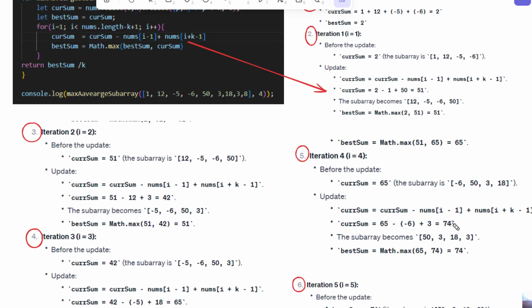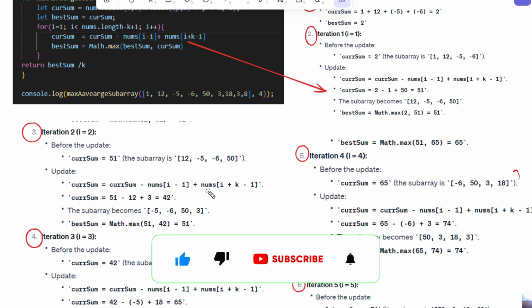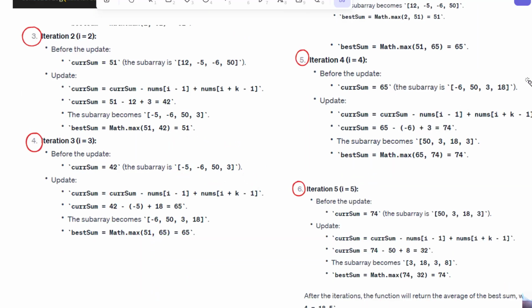After the second iteration, like that. After the third, fourth, fifth, and sixth iteration, it will be like that.